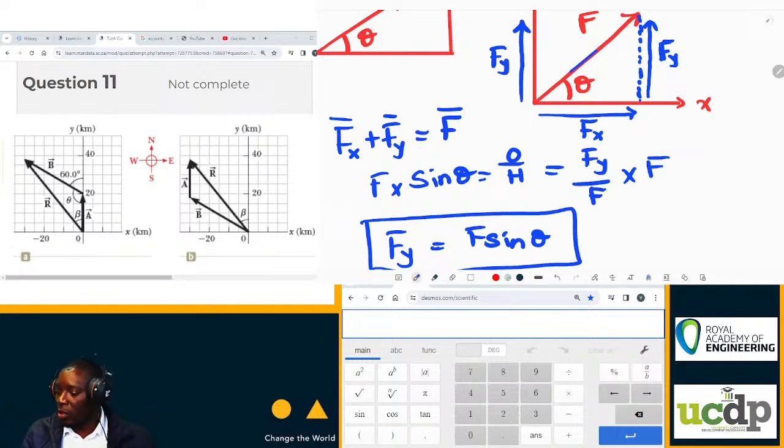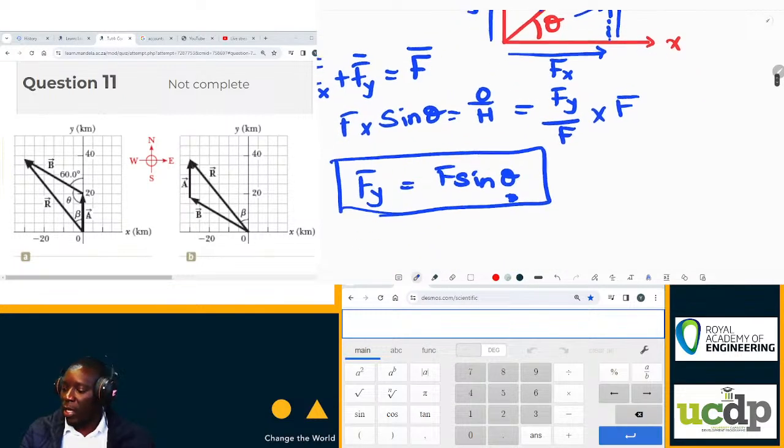So Fy is not the one that's subtending the angle. In this case, the sine theta component is always the opposite. So it is opposite to the angle that's subtended, or the angle that you mention in there. So it is on the opposite side. You can look at opposite side in terms of the other side of the vector, or opposite side in terms of the opposite of the triangle.